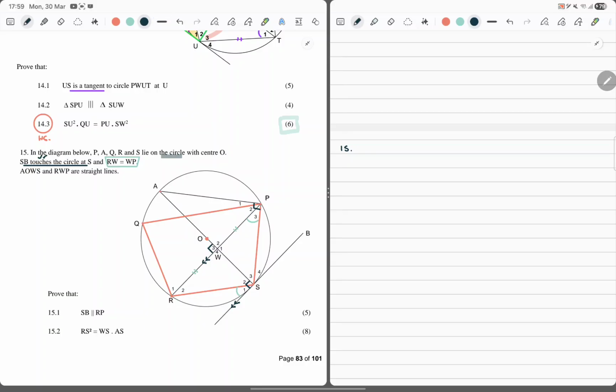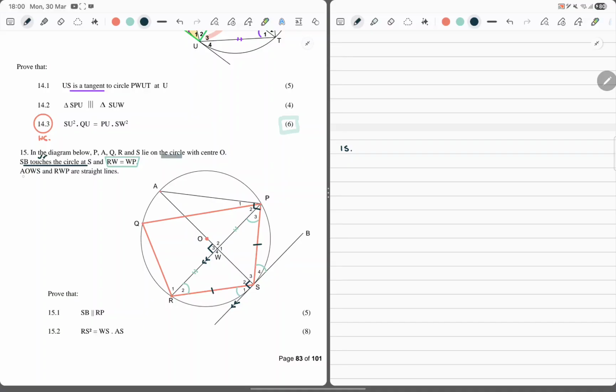See, working on the diagram, guys, reveals everything. And of course, we can already see that this angle is going to be equal to that. They are alternate angles, and this angle is going to be equal to P3. They are also alternate angles. Now, if P3 is equal to P2, this also suggests that this side must be equal to that side. So a whole lot of info just sprang out. Anyway, once the diagram gets a bit busy, you stop.